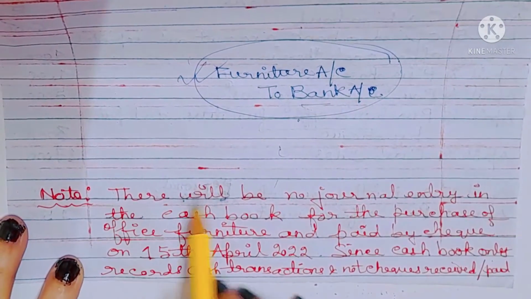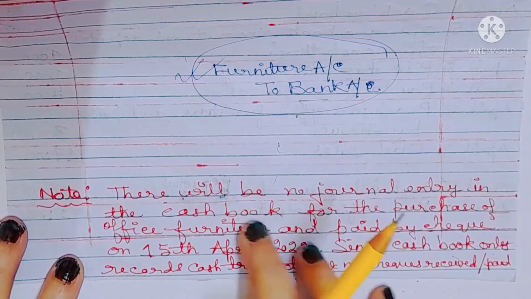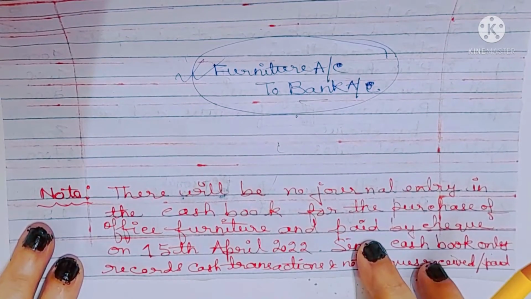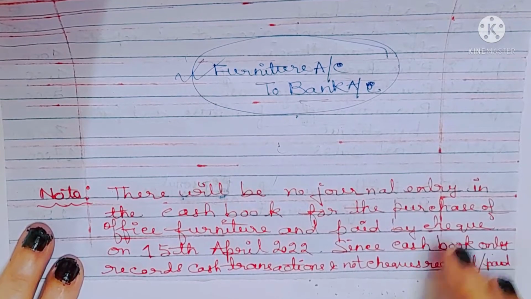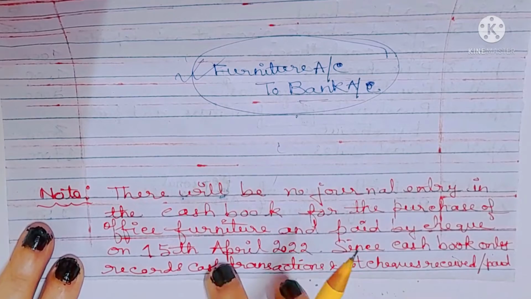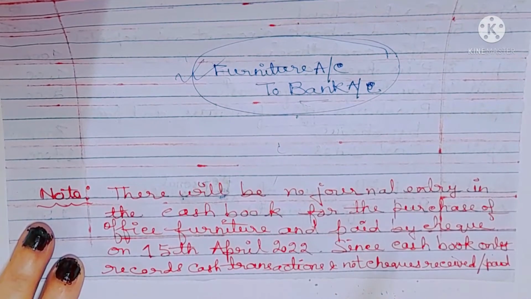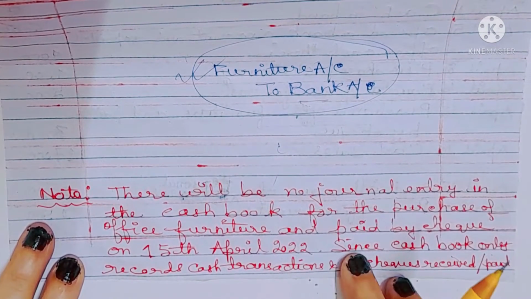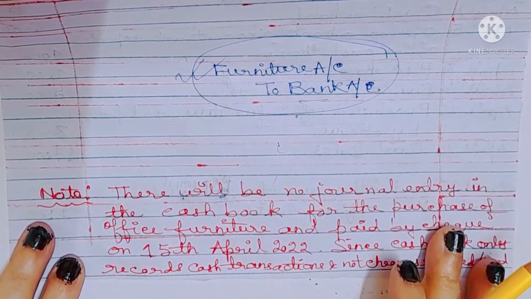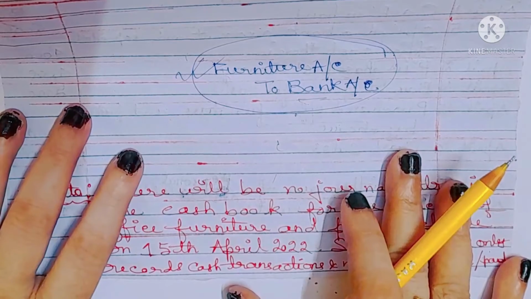Note, there will be no journal entry in the cash book for the purchase of office furniture and paid by check on 15th April 2022, since cash book only records cash transactions and cash book does not record checks received or checks paid. Okay, so let's see the next transaction.